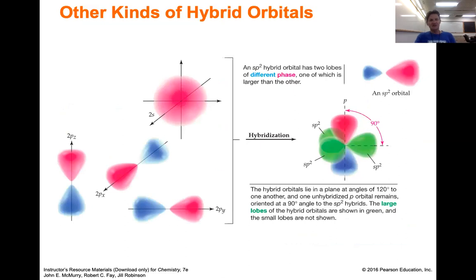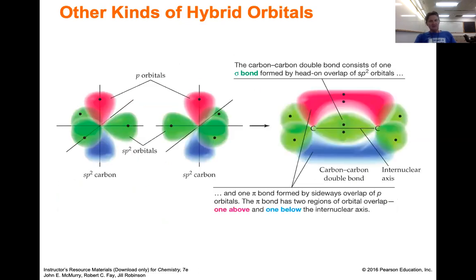So this is the sp2 that they just showed you. And this one is how that might bond. So for sp2 hybrid orbitals, you want to think about this picture as showing how a carbon double bond would form.